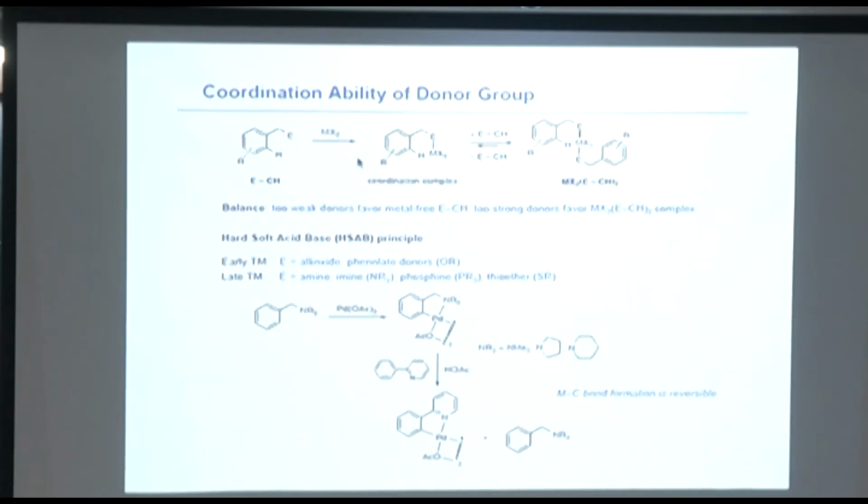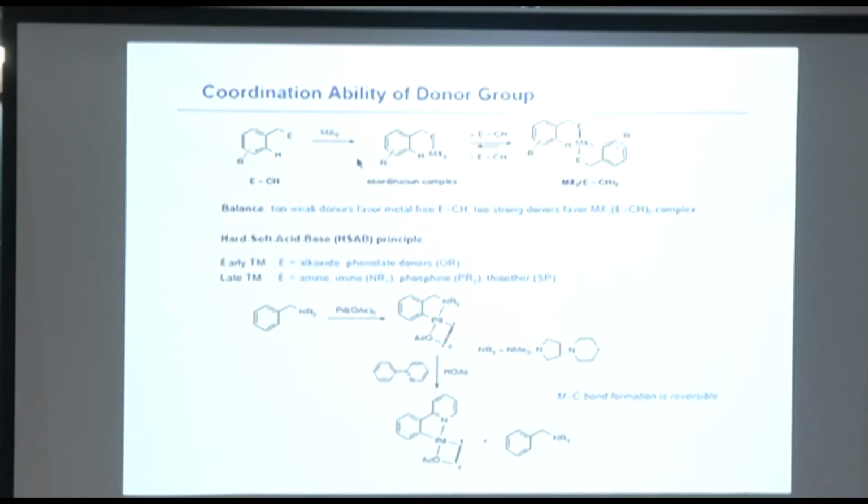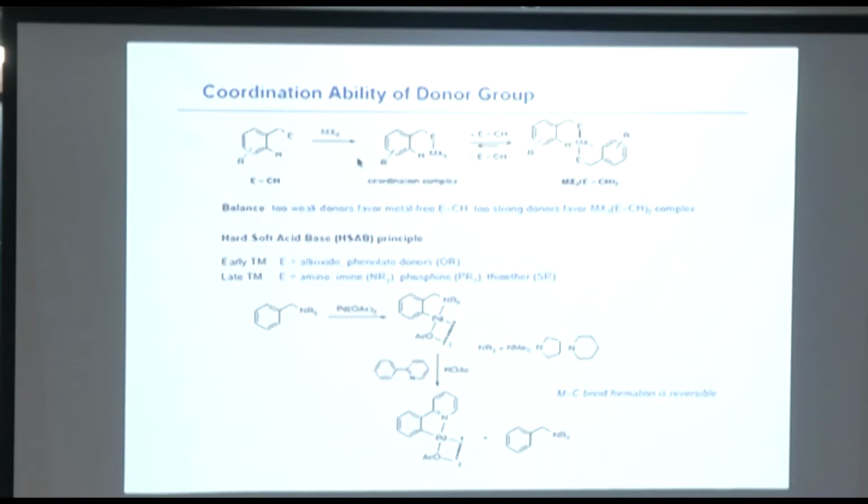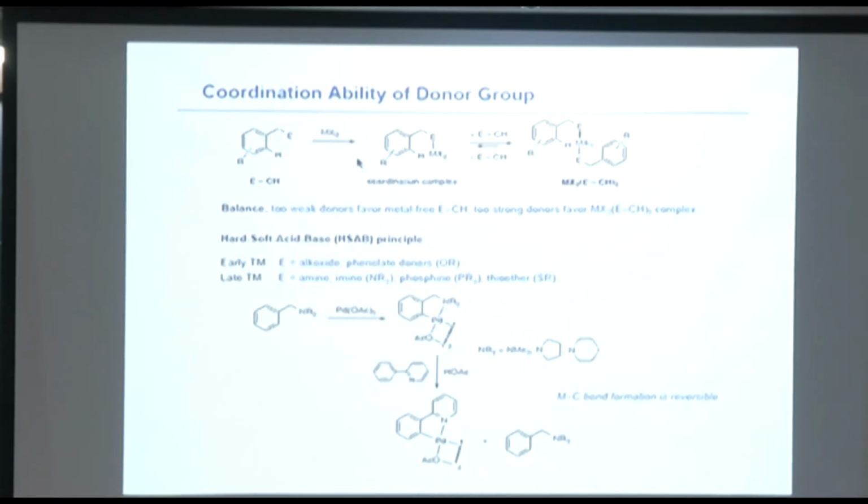Phosphines and sulfides are from the third row, and from the second row, the more we go to the right, the softer. Then we have hybridization: sp is softer than sp2, which is softer than sp3. So amines are harder than imines, which are harder than nitriles. The same holds for oxygens: alcohols or alkoxides are harder than ketones, which are softer.